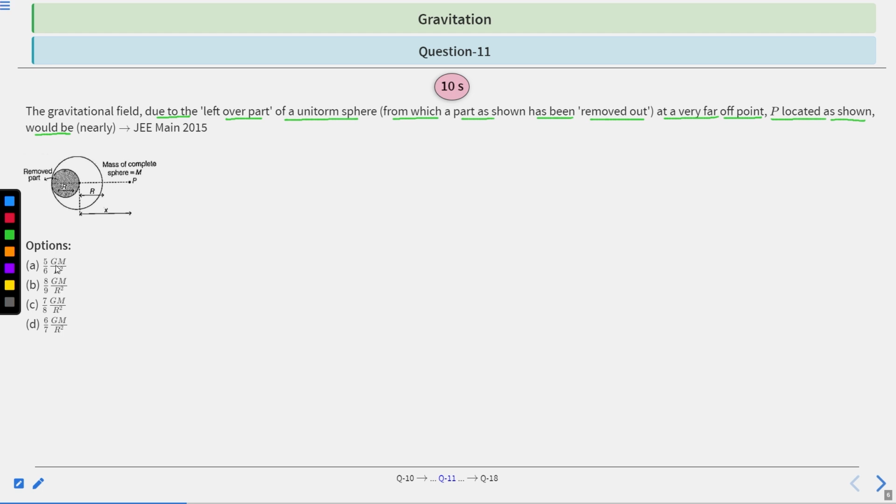Option A, 5 by 6 GM divided by r square. Option B, 8 by 9 GM divided by r square. Option C, 7 by 8 GM by r square. And option D, 6 by 7 GM by r square. So which option is correct? You have 10 seconds to solve this question. After 10 seconds, we will provide the solution.